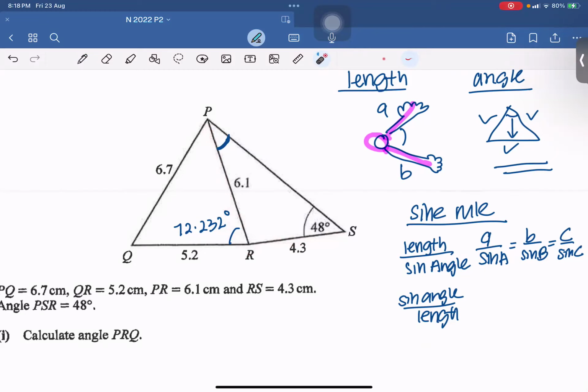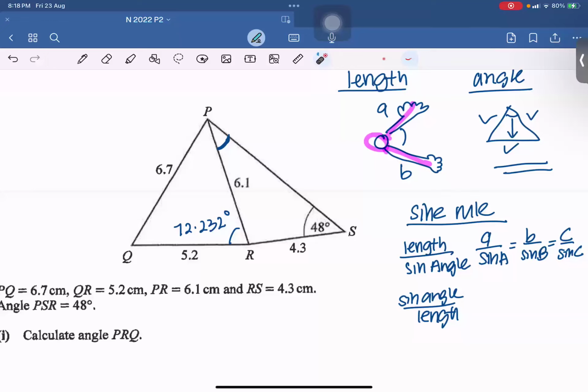Since they want me to find the angle, I shall use the one with sine angle over the length. So the sine of this angle over here must match with the side opposite to it. Which side is that? 4.3.